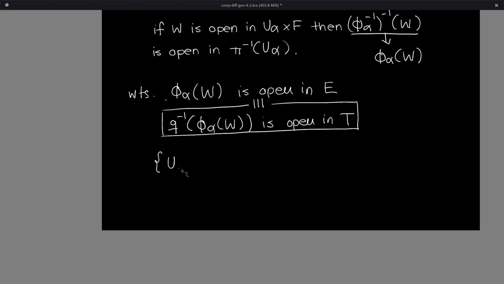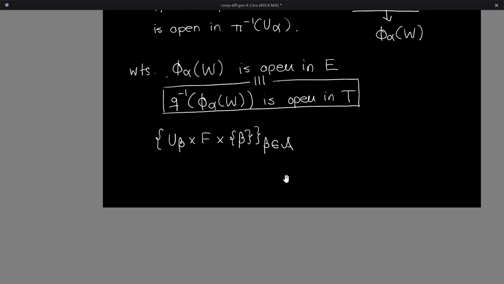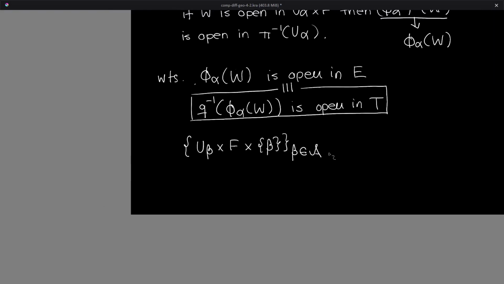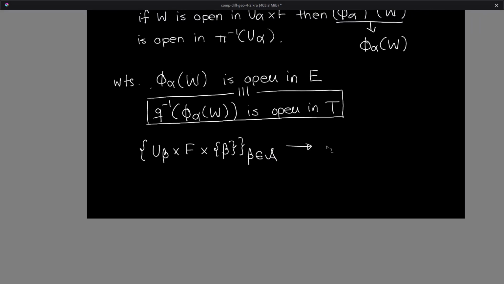Firstly, let's construct this set U beta cross F cross {beta}, and we construct a set of these sets for all beta in A, right? So I'm going to say that this is an open cover of M cross F cross A, which is this product set.